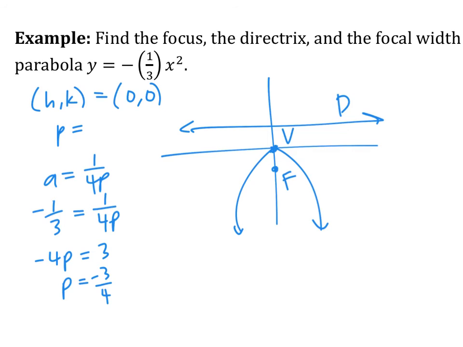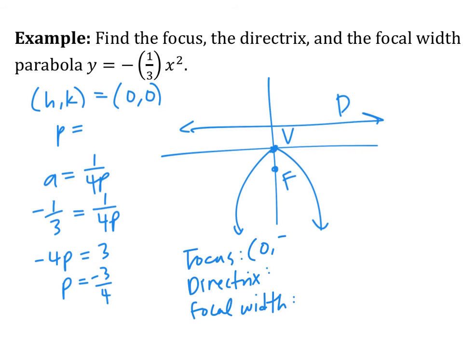So, okay, it wants the focus, the directrix, and the focal width. All right, focus we know is going to go down by 3/4. Going down by 3/4 means from y. So this is going to be (0, -3/4).